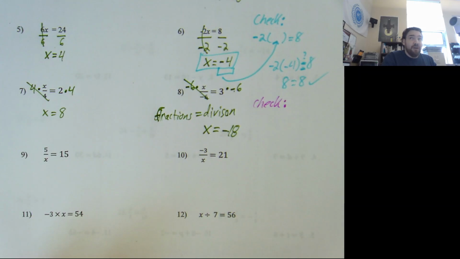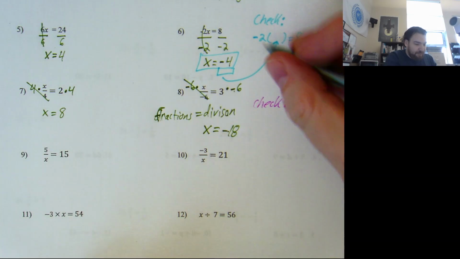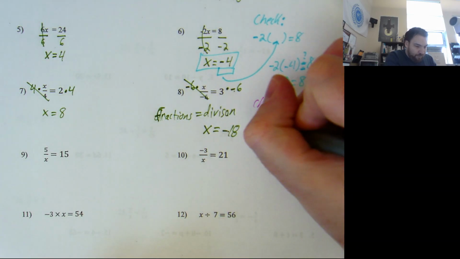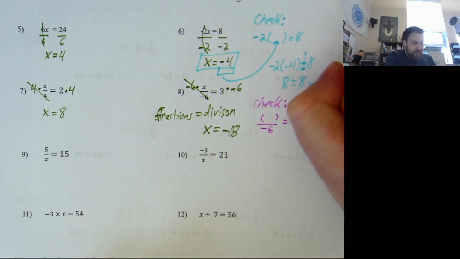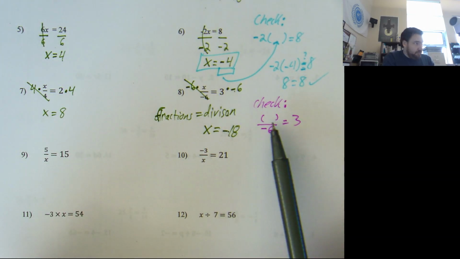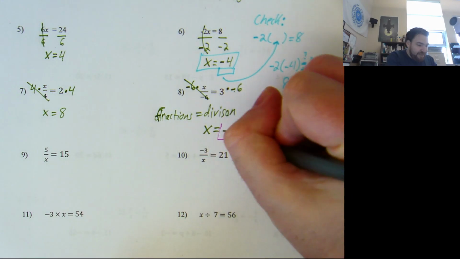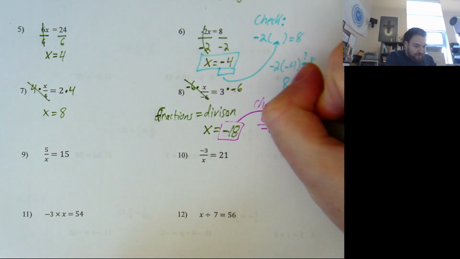To do the check, we take our original equation, and wherever there was an x, we replace it with brackets. So we're going to go bracket, bracket, over negative 6 equals 3. I took my x, I put a set of brackets where the x was. Then I'm going to take the value that we think x is, and we're going to shove it into the brackets there.